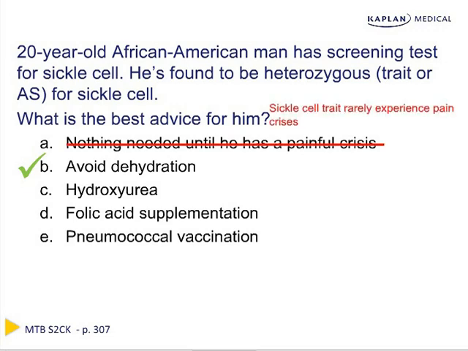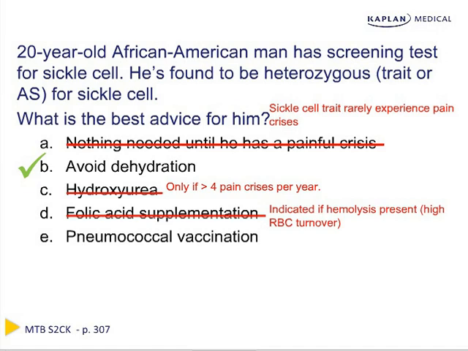A is wrong, nothing is needed until he has a painful crisis, because patients with sickle cell trait rarely experience pain crises to begin with. Similarly, C is wrong because hydroxyurea is only indicated in patients who have more than 4 pain crises per year.